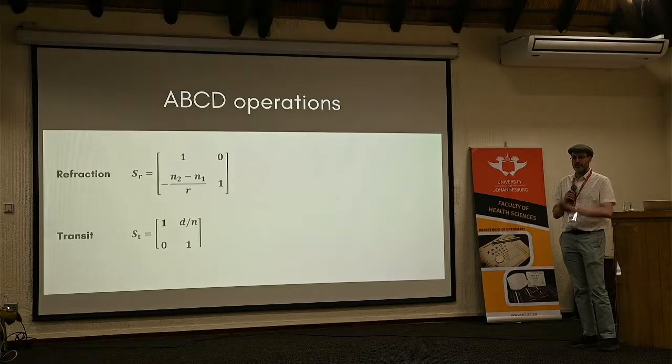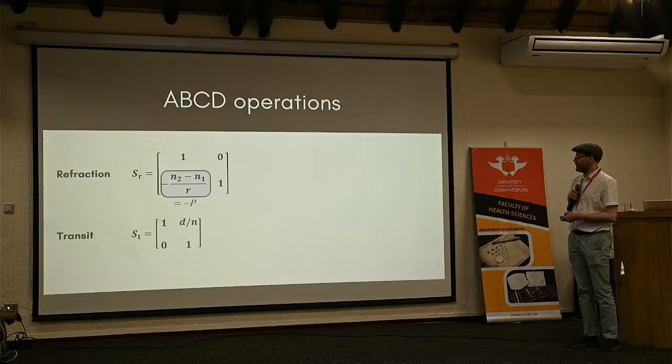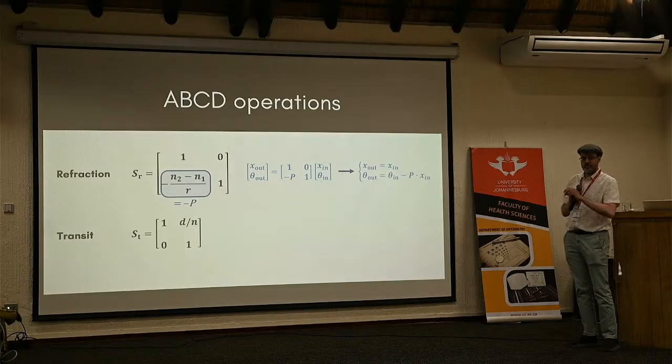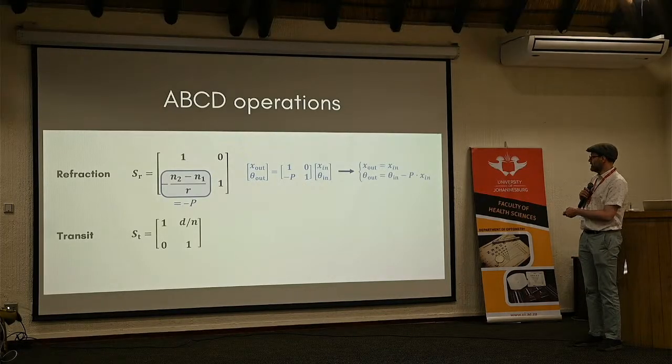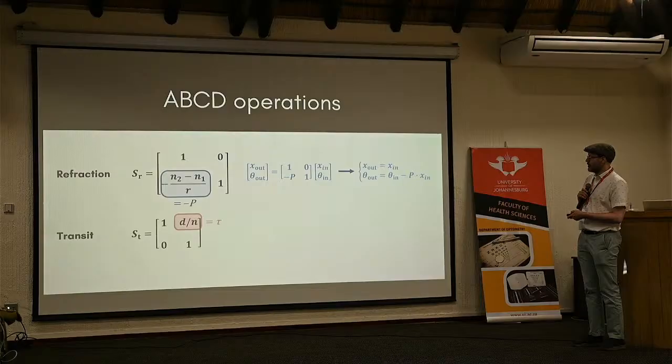These should also be very familiar, especially to you guys. Basic refraction is where the C becomes that particular formula, or much simpler, the negative of the power. And if you multiply that, you get something like this, which makes total sense: in the case of a refraction, it's the angle that changes, but the position that remains the same. You can go the other way around.